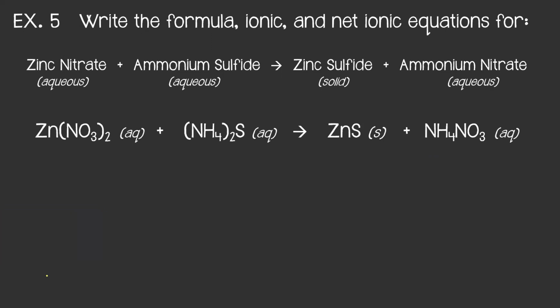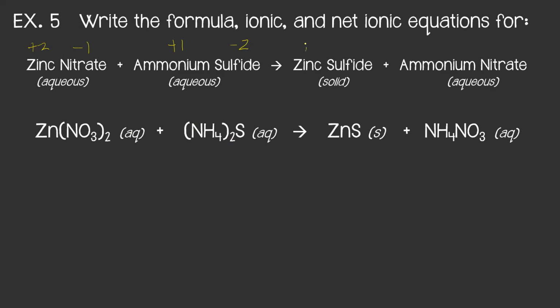Okay, so I have zinc, Zn, and like I said, I didn't put the Roman numeral in here, but it is a +2. Nitrate -1, so that's why I got this 2 on the outside. Aqueous environment. Ammonium, NH4, is a +1. Sulfide is sulfur, that's a -2. I crossed them, that's why I got that. Aqueous environment.